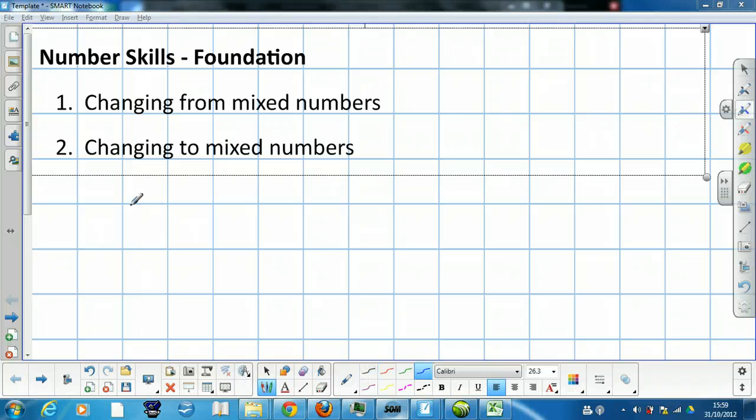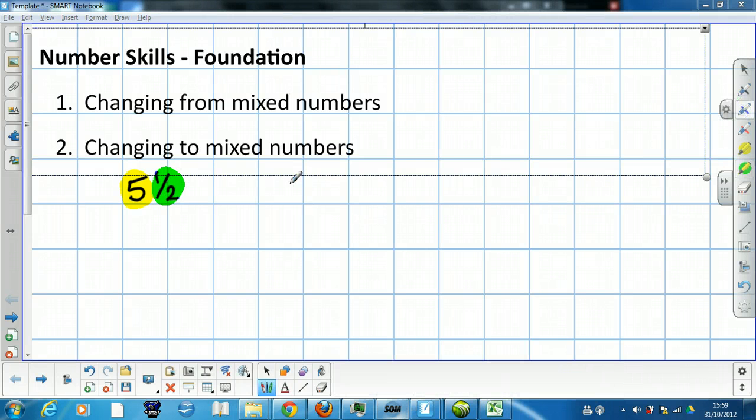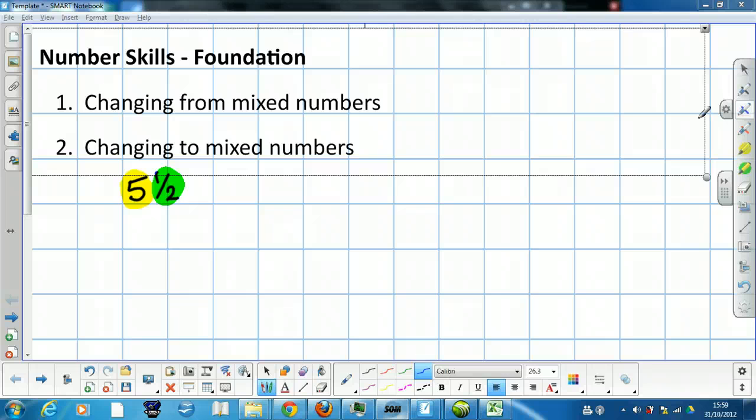Let's remind ourselves what they look like. A mixed number looks something like this. It has a whole number part and it has a fraction part. I'm also going to be talking about something called improper fractions. An improper fraction is where the top number, the numerator, is greater than the denominator.